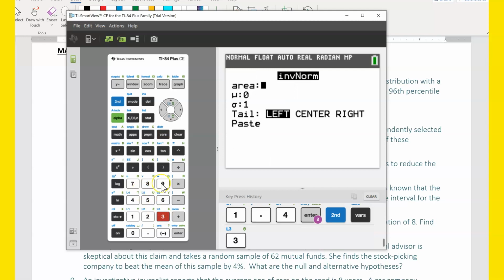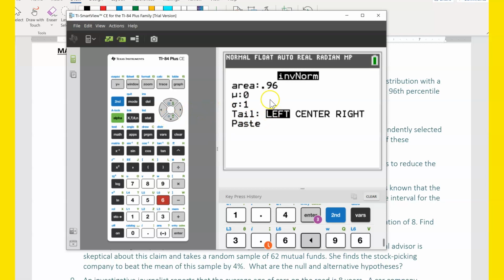So the area that I'm looking for is 0.96 of the area, or 96% of the area, to be to the left of the value I'm looking for. So I'm going to do a left tail with 96% being lower, or to the left of the value I'm looking for. What did it say the mean was?